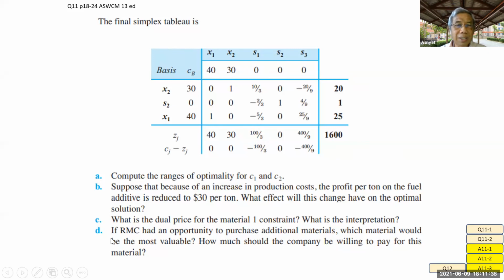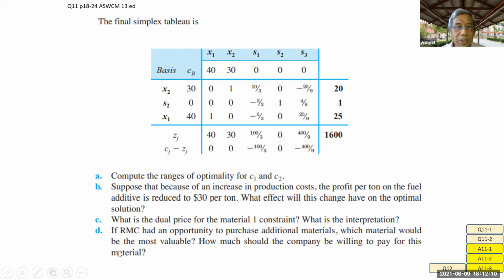The next question: if RMC had an opportunity to purchase additional material, which material would be the most valuable? Now we look at the value of Z for the slack. This is the dual price for material 1, material 2, material 3.